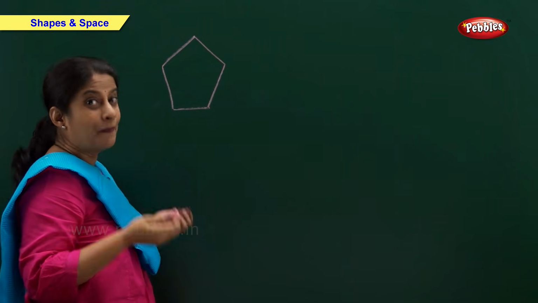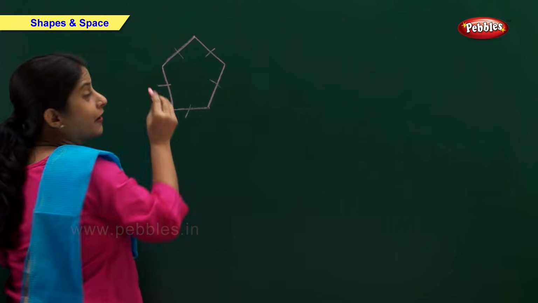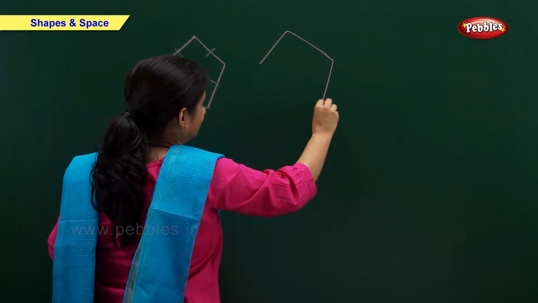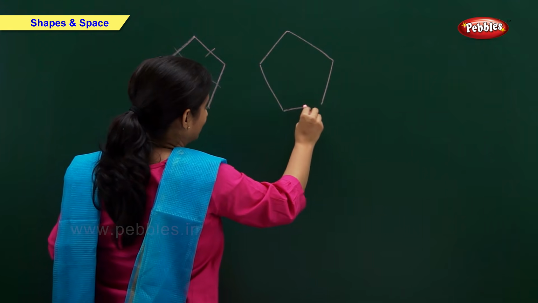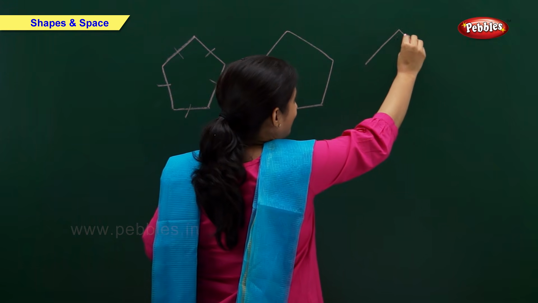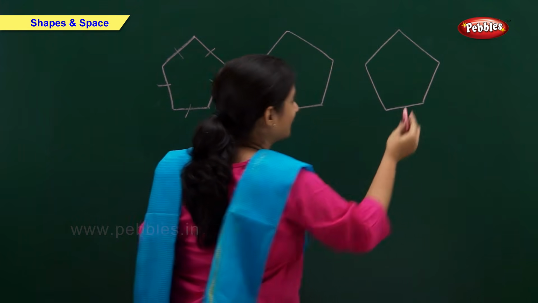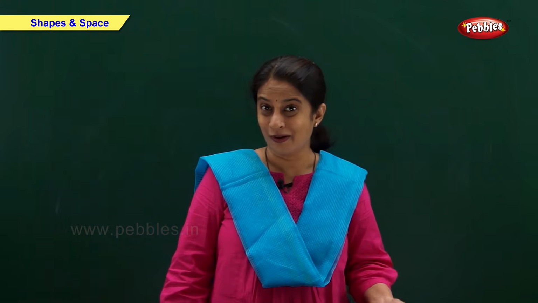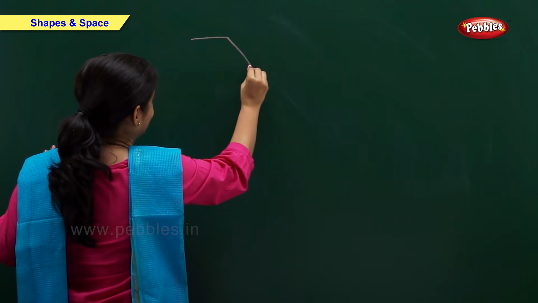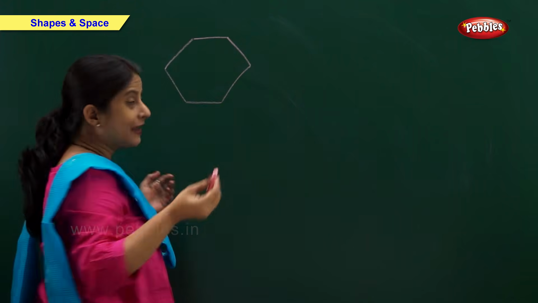A pentagon has 5 sides. 1, 2, 3, 4, 5. Pentagon. Now let us draw a hexagon.